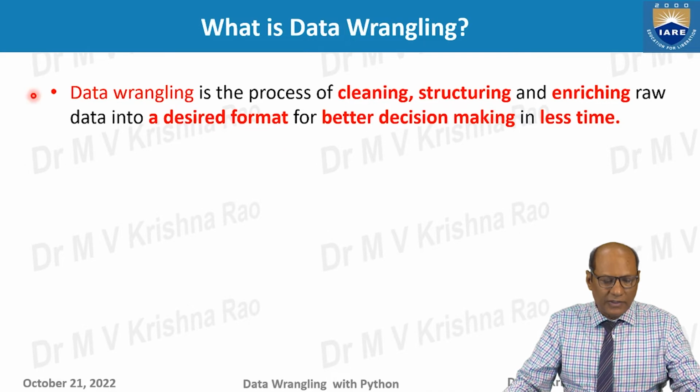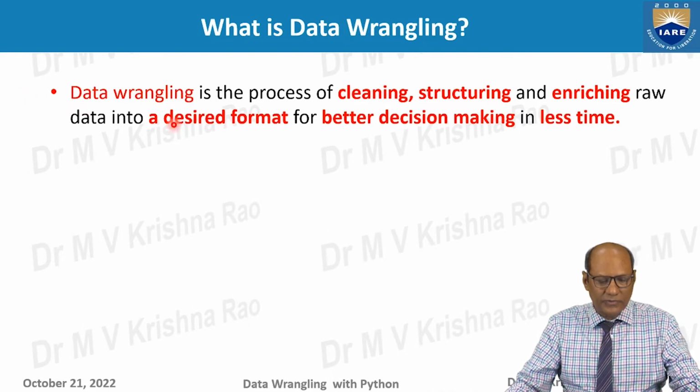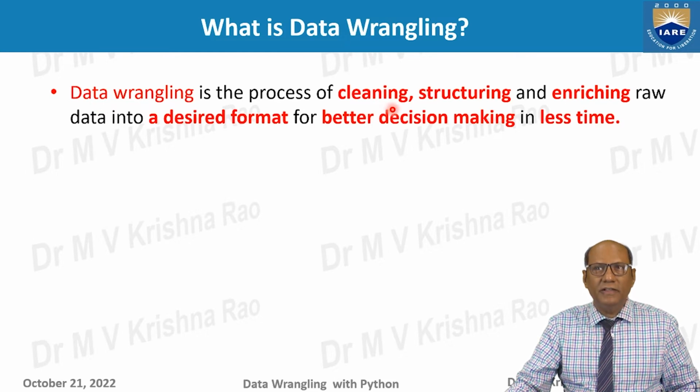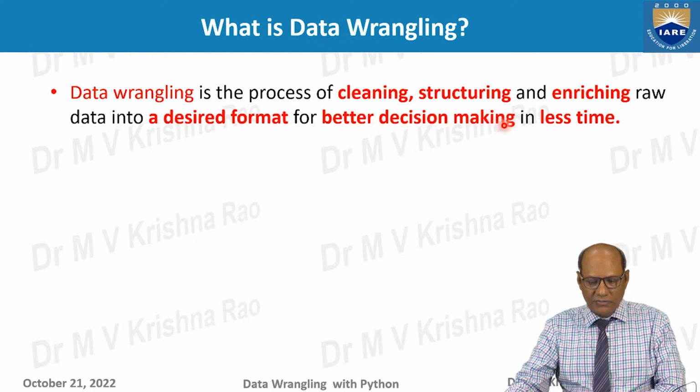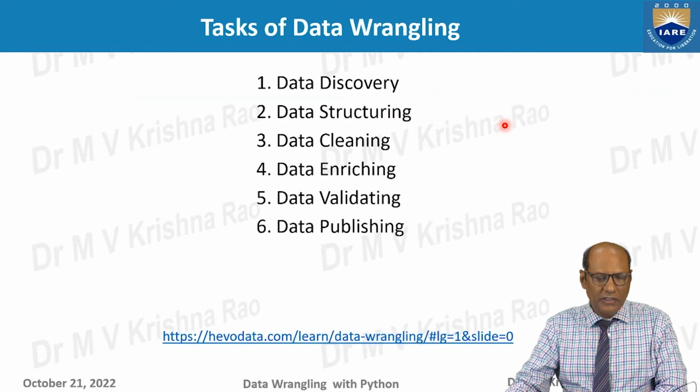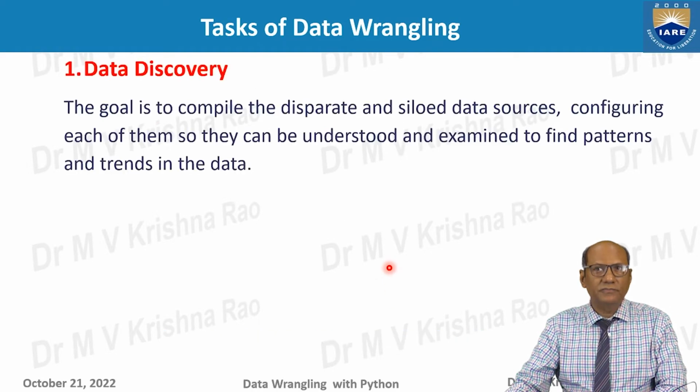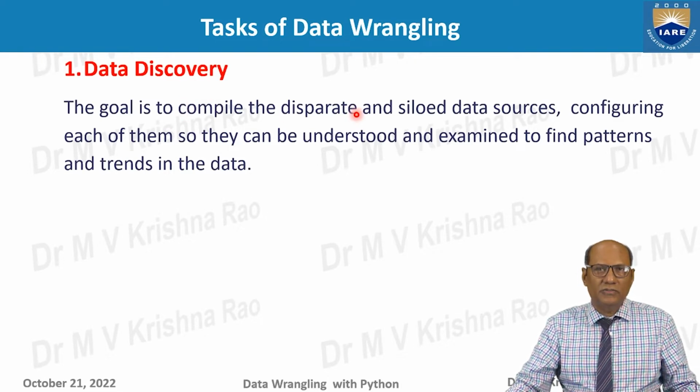Okay, so for completeness I will just rush through the previous slides. Data wrangling is the process of cleaning, structuring and enriching the raw data into desired format for better decision making in less time. There are 6 steps in this, and the first one is data discovery. This is compilation of disparate and siloed data sources.